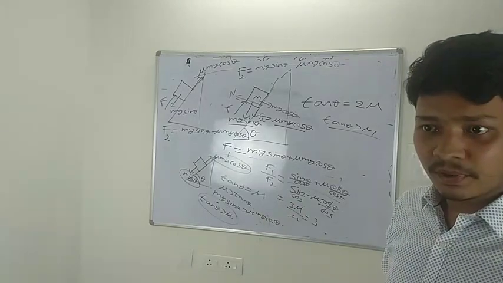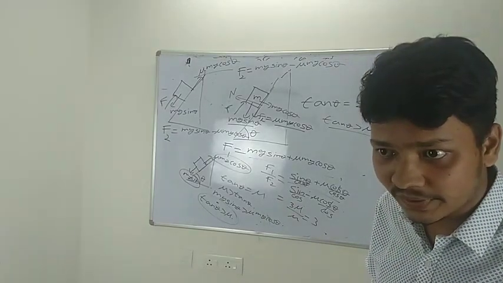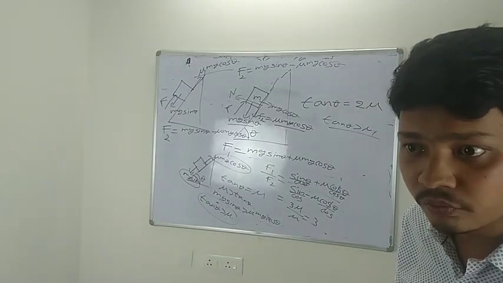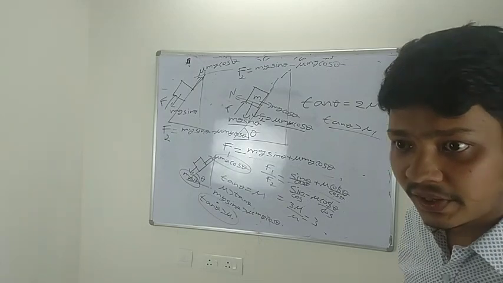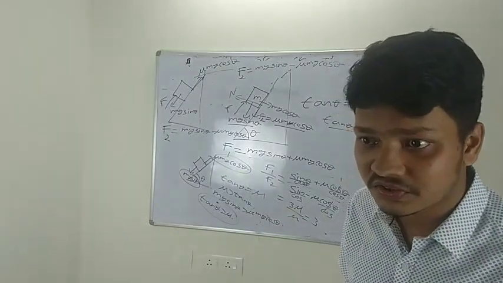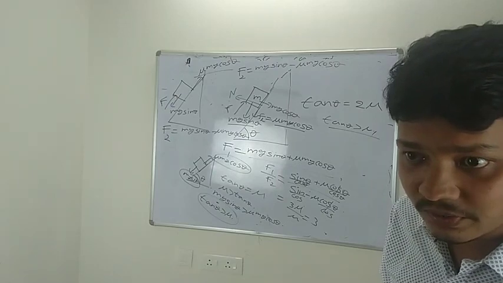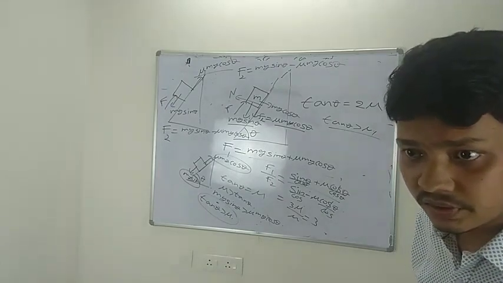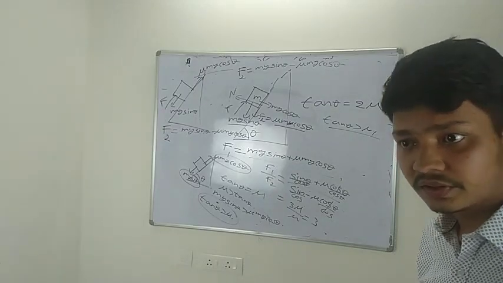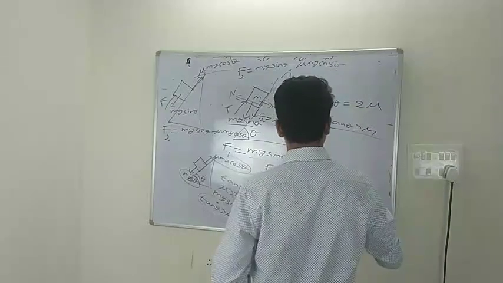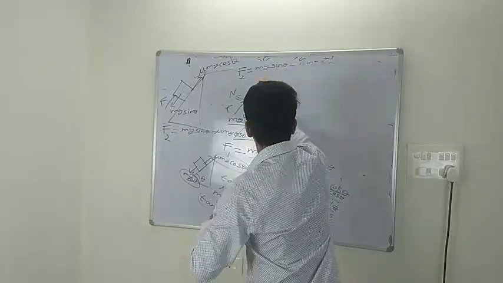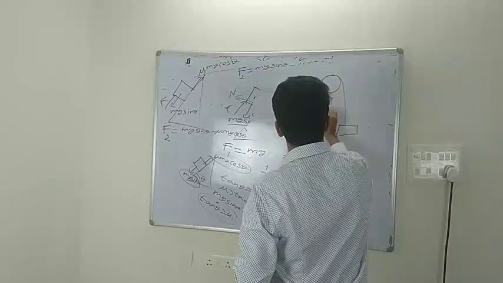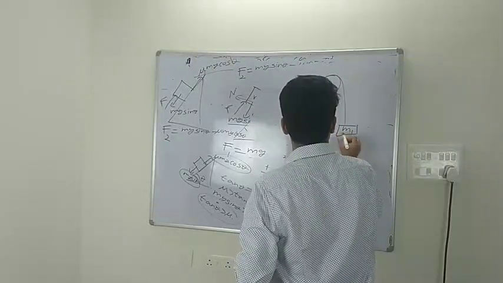A light string passing over a smooth light pulley connects two blocks of mass m1 and m2 vertically. If the acceleration of the system is g by 8, then find the ratio of masses. So this is a direct question. Here is a pulley and it connects two masses m1 and m2.